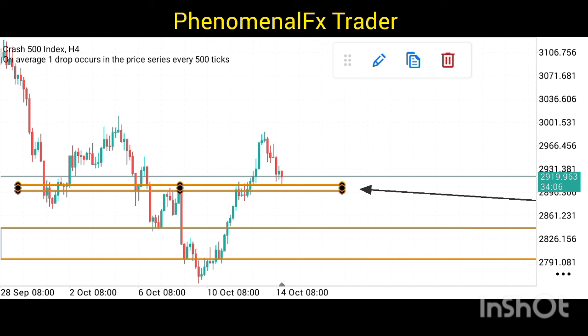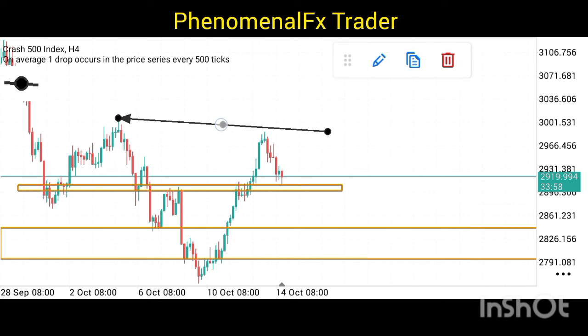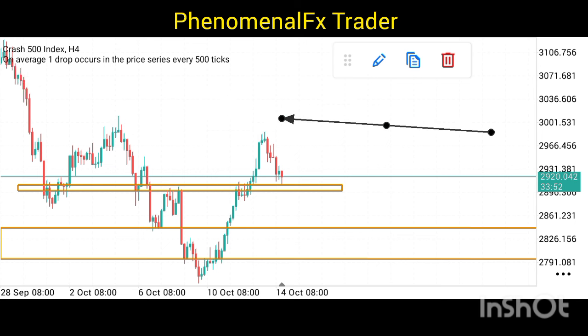So even if you take an entry from this zone, you should always remember this particular level here. This is a daily time frame lower high, where the market has to go above before we have a change of character.